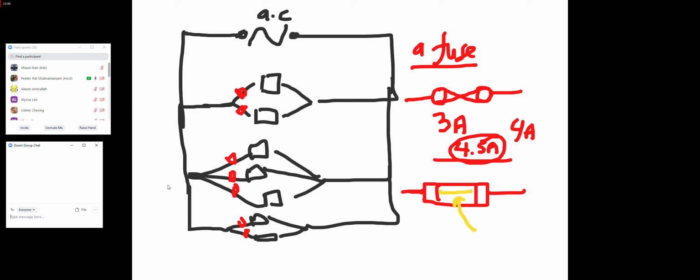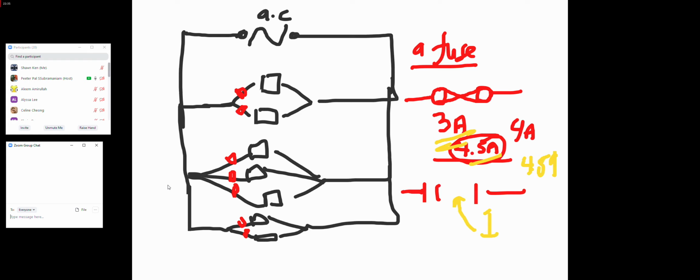This metal wire can support current to a certain value. Let's say the 3 ampere fuse can support current up to 4.4, 4.5 ampere only. The moment the current shoots to more than 4.5, this wire will melt. The moment the wire melts, it will disconnect the whole circuit.